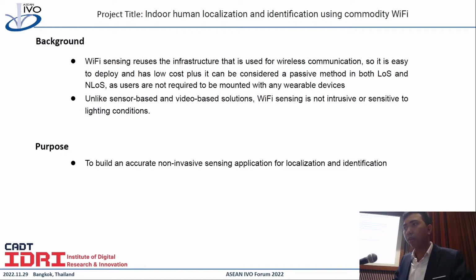Another benefit, compared to sensor-based methods such as video cameras, is that Wi-Fi is a passive method which can be used in both line of sight and non-line of sight, meaning you can go beyond the room and still detect it.